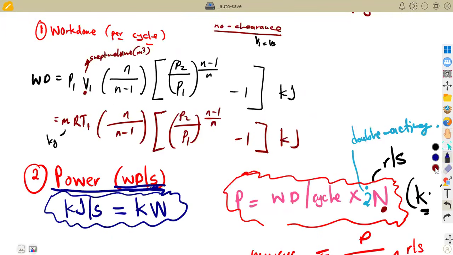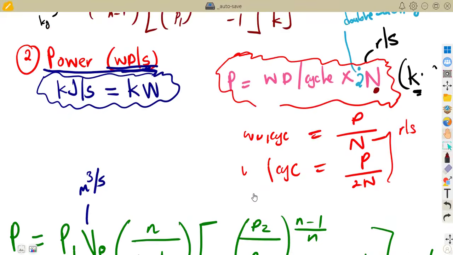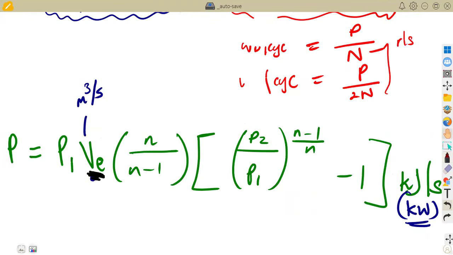V1 is mRT1. If I'm using kilograms, it means this was just cubic meters. But the moment I use kilograms per second, this must be kilograms per second, which is the one from the P1 VE here. So here we could have taken this to be equivalent to mRT1, but this mass must be in kilograms per second.